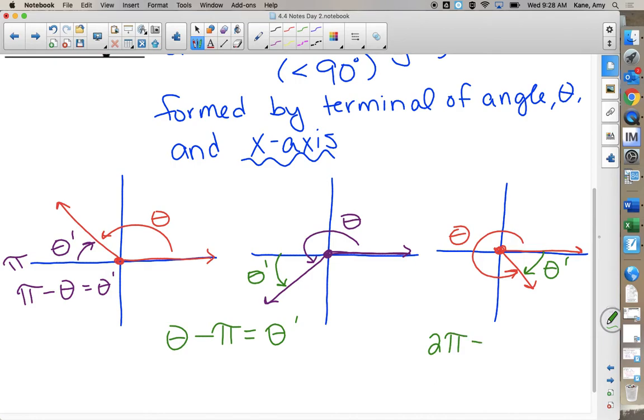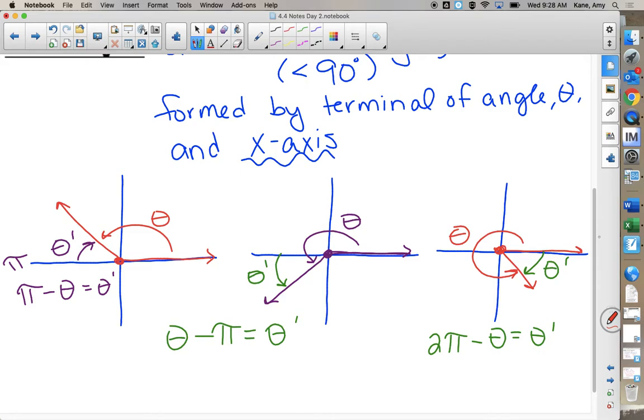So I would subtract the angle to get my reference angle. So 2 pi minus the angle is the reference angle. So that is really finding a coterminal angle as well. But it's always a positive value. So reference angle connects the x-axis with the terminal side. So it's like that little extra piece. How far did you go past the x-axis?